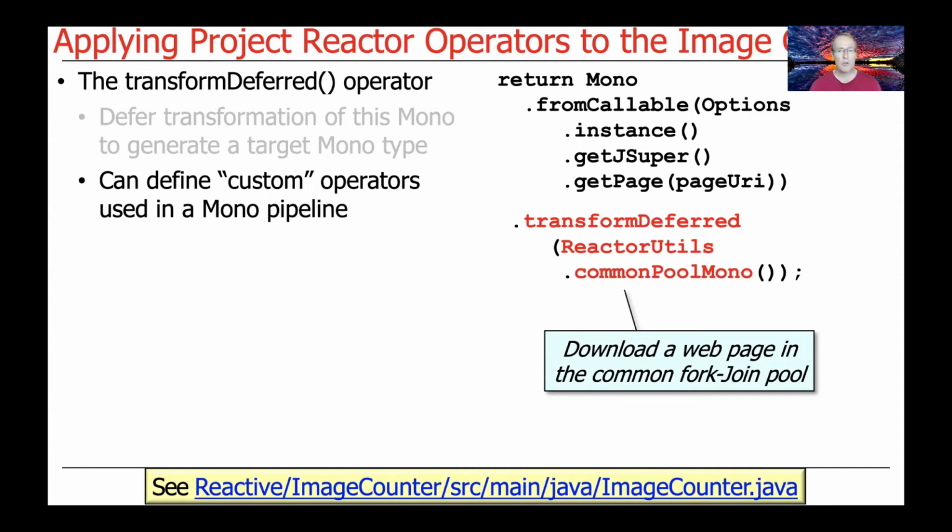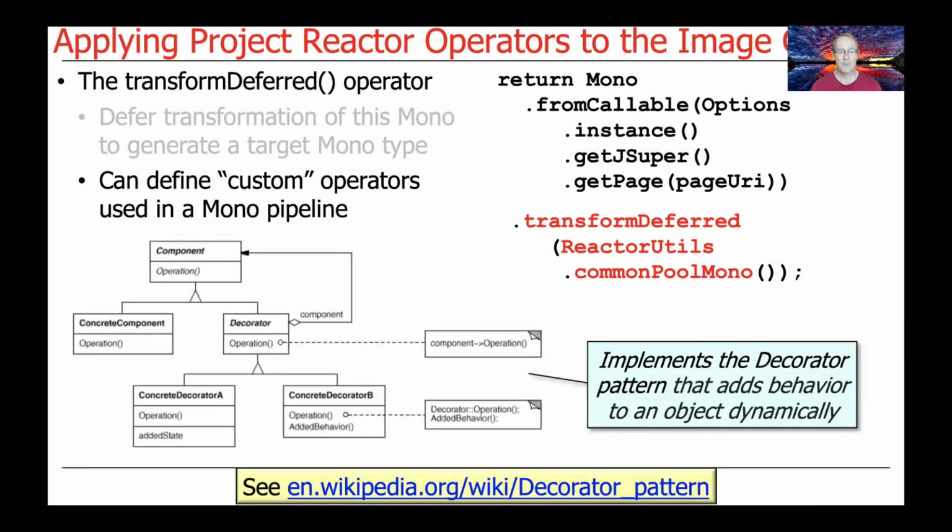So the fromCallable is going to go ahead and essentially use the JSoup library to go out and grab the appropriate contents. And we're going to use transformDeferred and tell it to run that computation in the common fork join pool, which is what we get back when we call ReactorUtils.commonPoolMono. And so you can see how this is a way of kind of making your own custom operator to run things in the background.